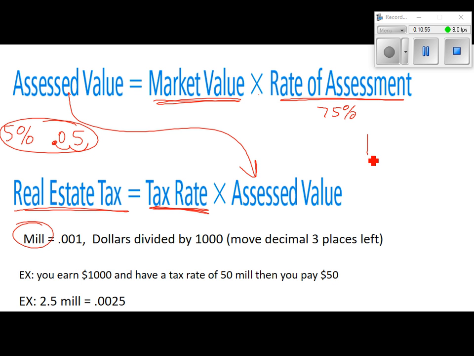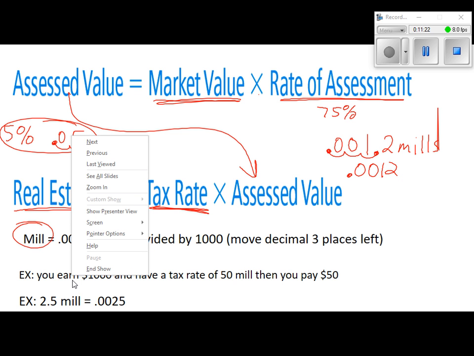So if they say your tax rate is 1.2 mills, then when you change that to a decimal form so that you can multiply it, you bump it 1, 2, 3, and you end up with a 0 there, 0 there, so it's 0.0012. So mills are bumped 3 places over instead of just 2. And mills are usually used with some kind of tax.